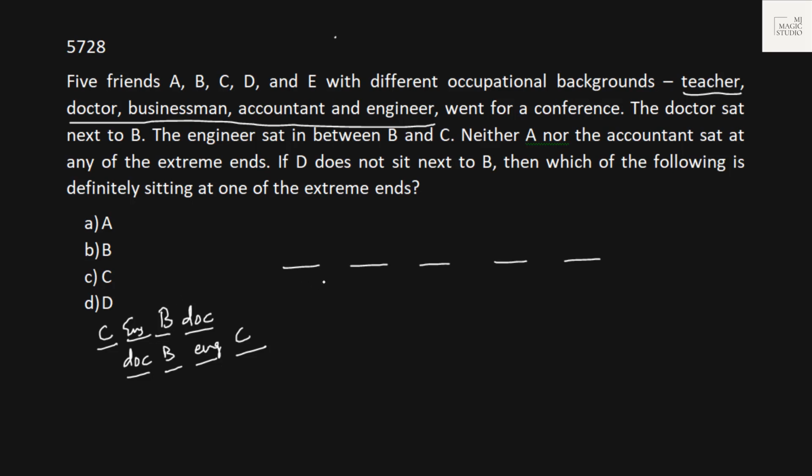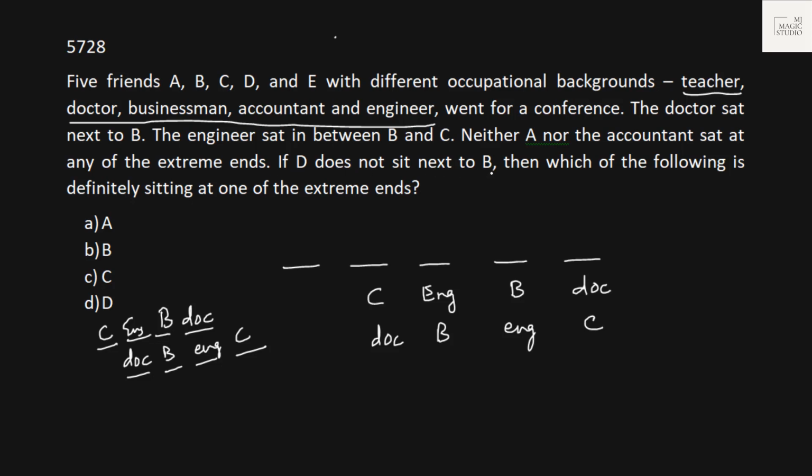Okay, so we have C, engineer, B, doc, and A nor the accountant. That means sat at any of the extremes. A can be doc, then accountant would be anyone. Or we have this: doc, B, engineer, C.